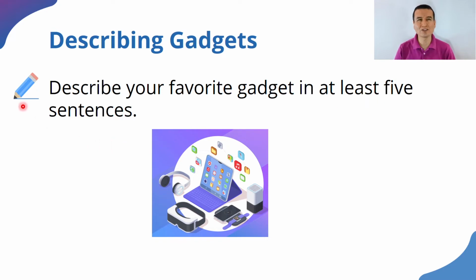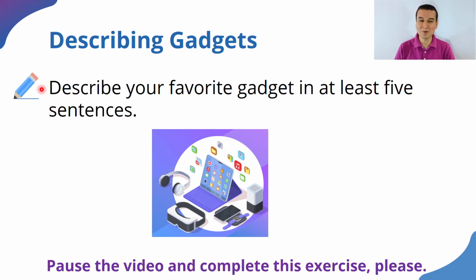So think of the electronic devices, small devices that you have, your smartphone, your tablet, a computer, a laptop computer, for example, a toy, an electronic toy, anything that you would like to describe. All right, and use 5 sentences for that. You already have some vocabulary that you can use, right? So please pause my video, complete the activity, and I'll show you some sample answer in a moment. Go ahead.